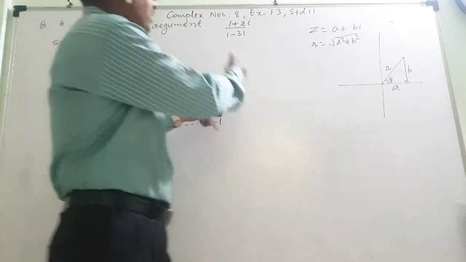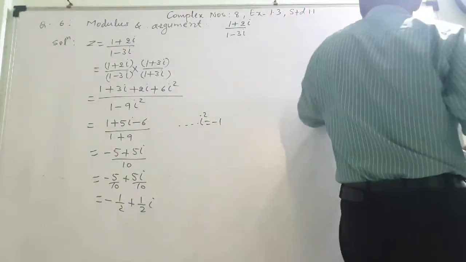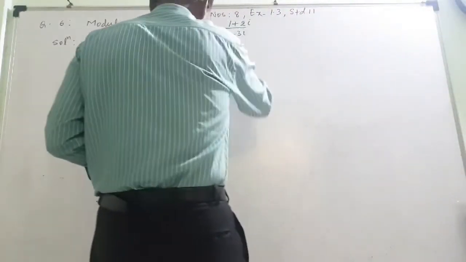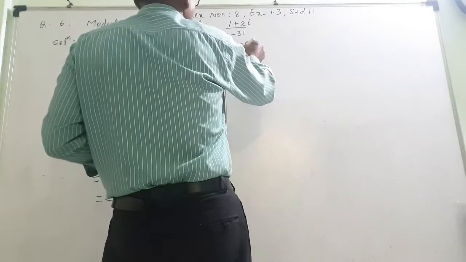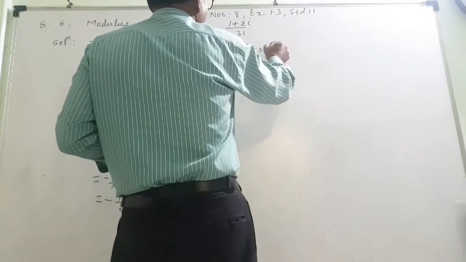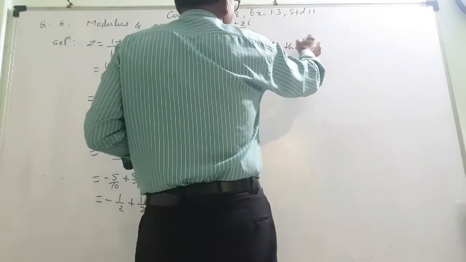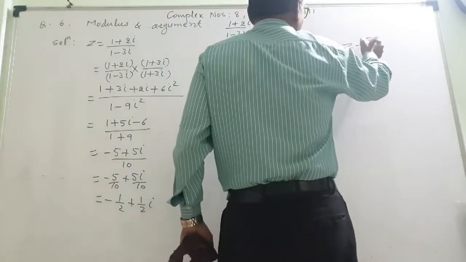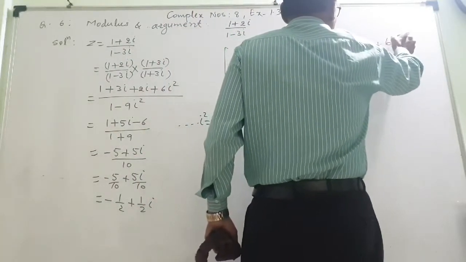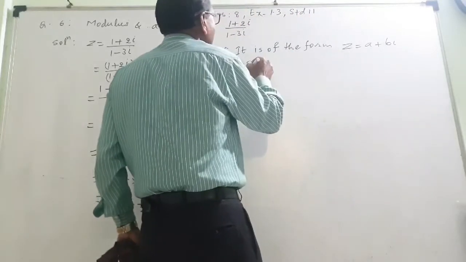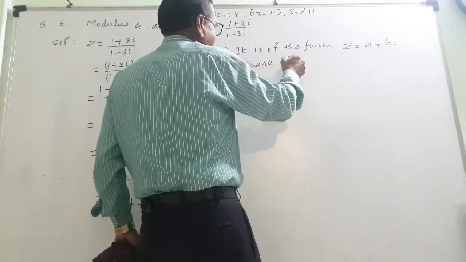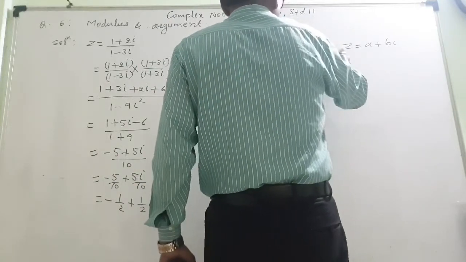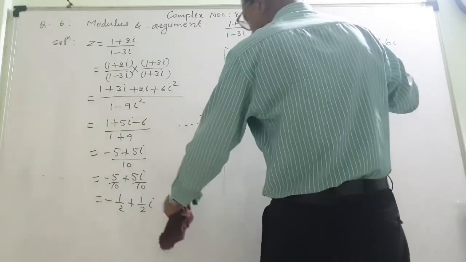Here I will write it is of the form z equal to a plus bi, where a is equal to how much? This minus half. b is equal to how much? Half.